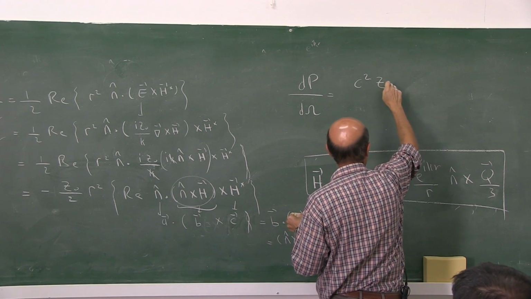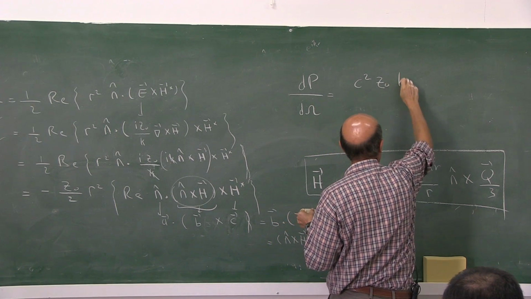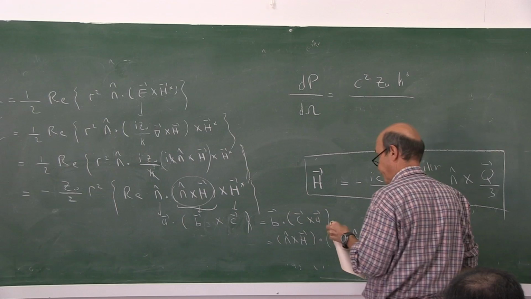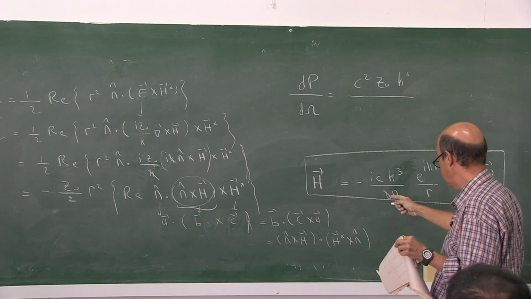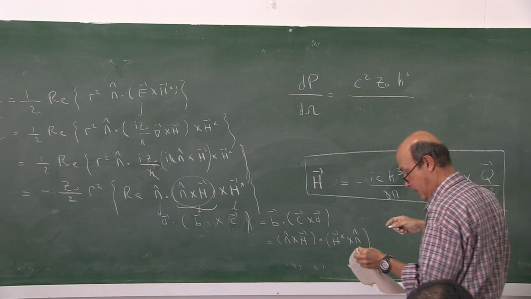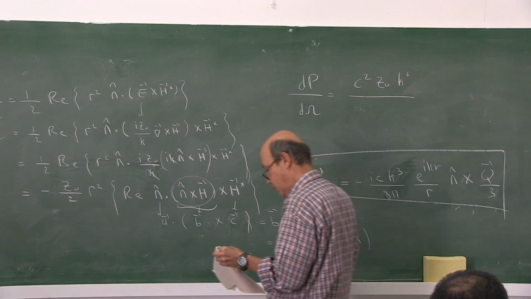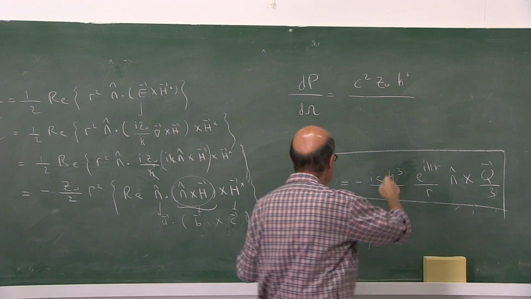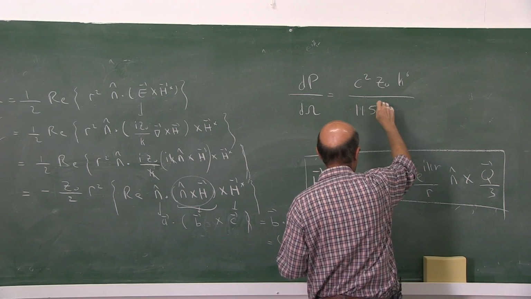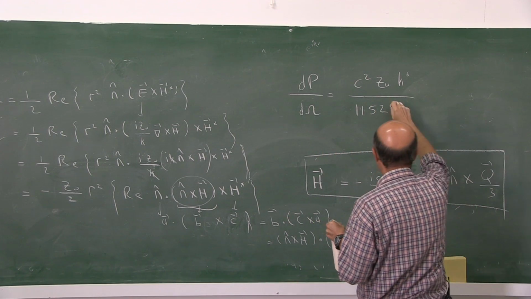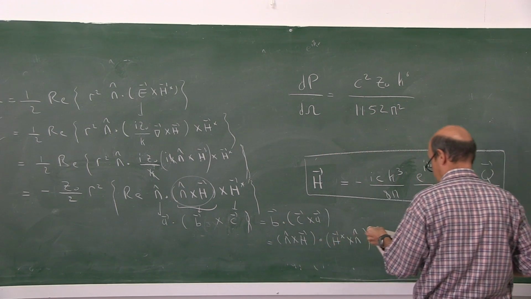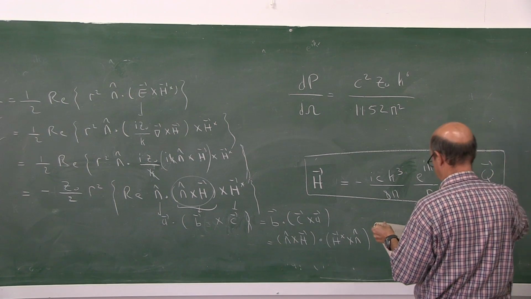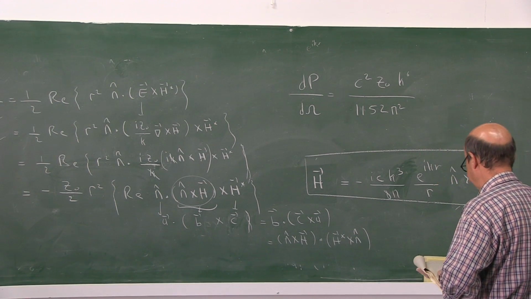C squared Z0 k to the 6, and you take the square of 64 multiplied by 2 multiplied by 9, that should be 1152 pi squared, and the rest will be what?